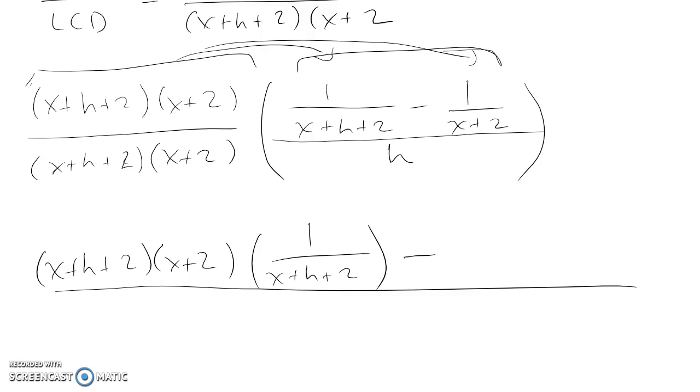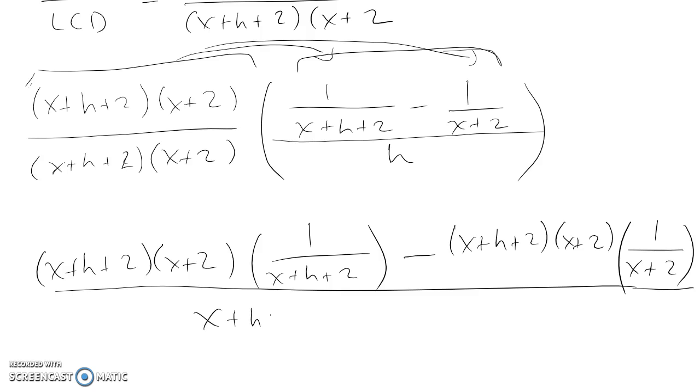Then it is distributed, x plus h plus 2 times x plus 2, to be multiplied by 1 over x plus 2. Now notice our denominator is going to be x plus h plus 2 times x plus 2 all times h.